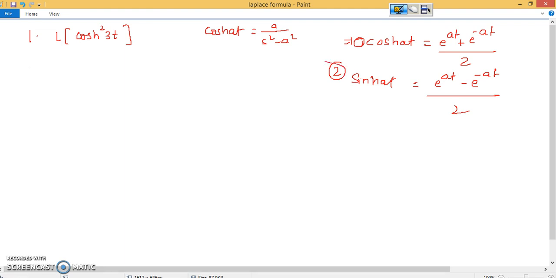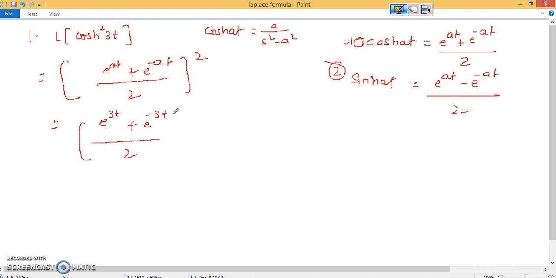And here it's given cosh square of 3t, which we can write as e to the power of at plus e to the power of minus at by 2, whole square. In place of a we have 3, so similarly we can write e to the power of 3t plus e to the power of minus 3t by 2, whole square.